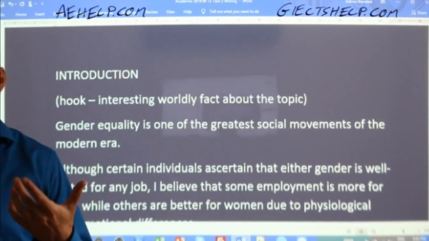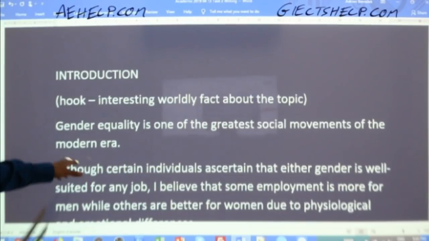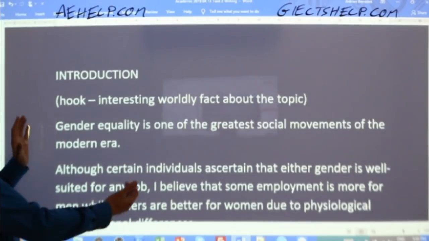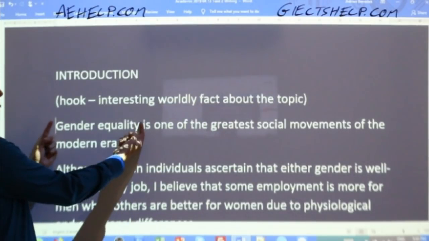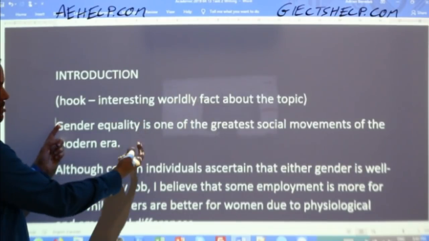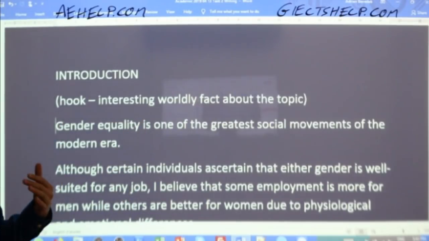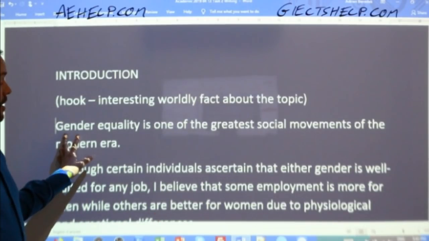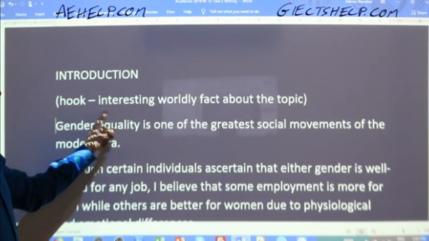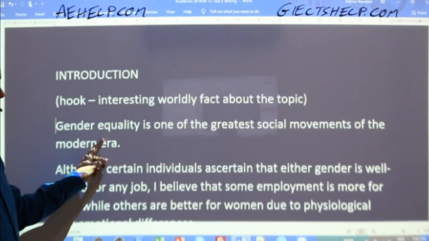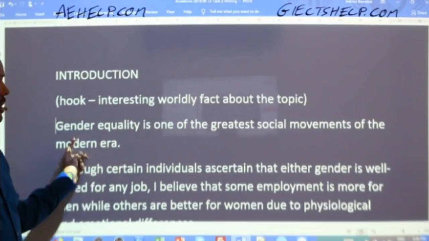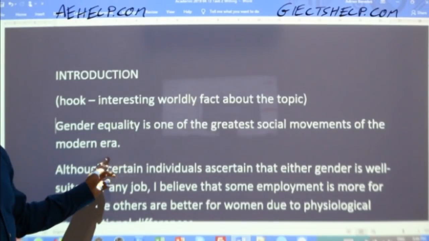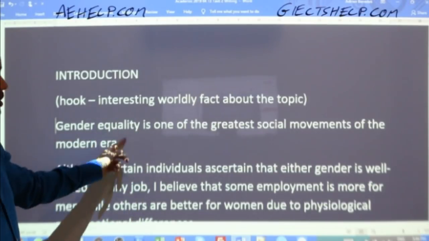Okay, that's my hook. Look at what I've done. I've basically taken the topic and I've started my essay, my hook, with the topic, right? So when the IELTS examiner is looking at this and they go, oh, wow, this person really got the topic, they paraphrased it, and they're starting the essay with that topic in the hook, they know what they're doing.